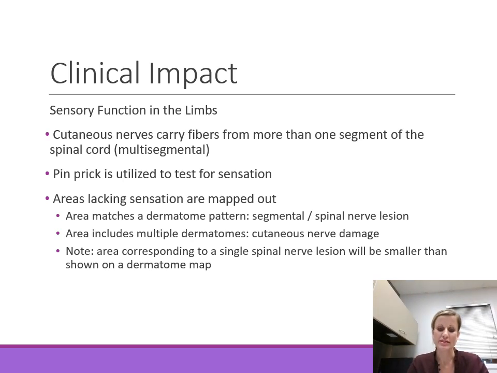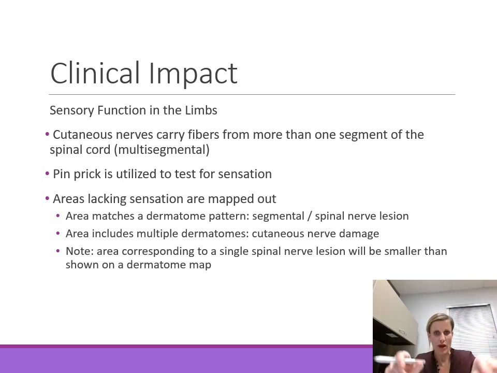Because that spinal cord segment is sending fibers only to that one dermatome. If the area that's lacking sensation includes multiple dermatomes, then it's likely that there's cutaneous nerve damage, because again, the cutaneous nerve will carry fibers that go to multiple spinal cord segments, so they would include multiple dermatomes. Keep in mind that there is overlap between neighboring dermatomes.